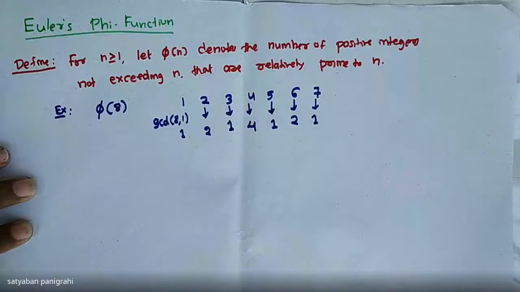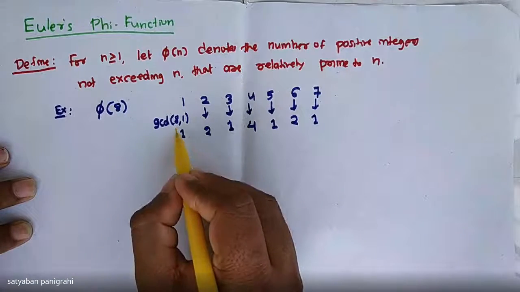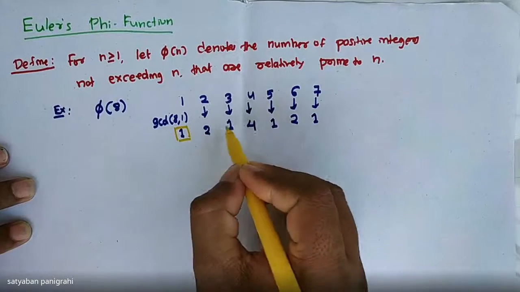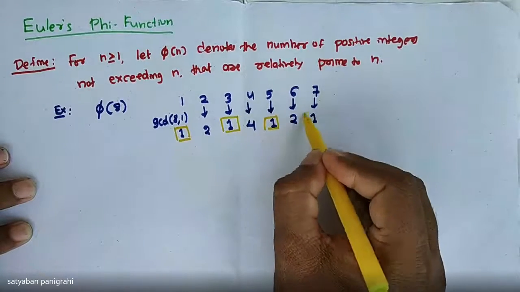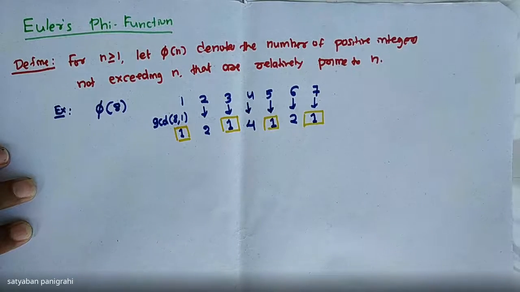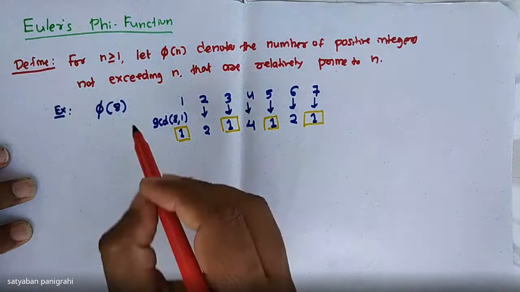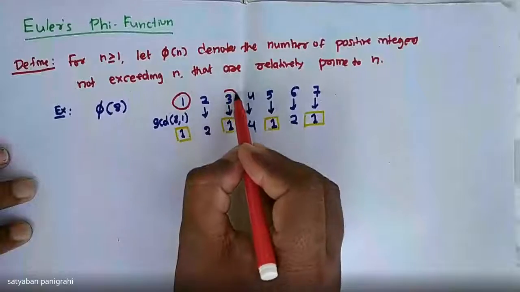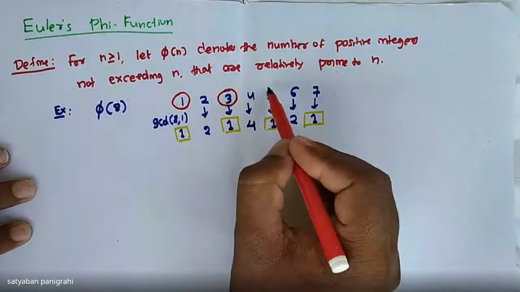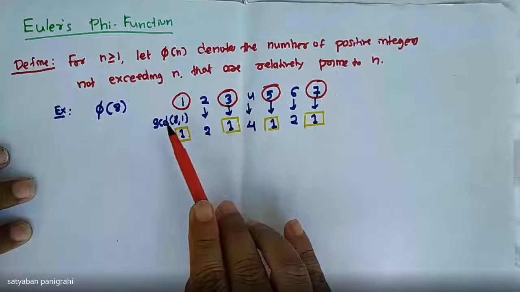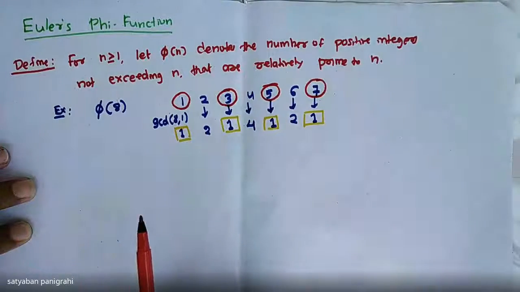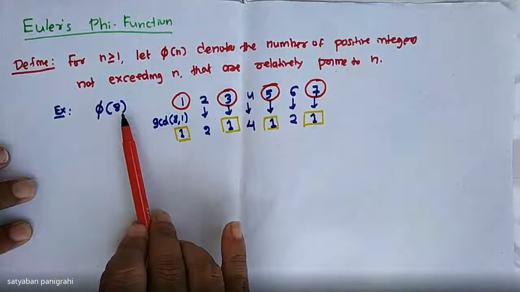Now, which numbers are relatively prime to n? The numbers which have GCD 1. That means the numbers 1, 3, 5, and 7. These numbers are relatively prime to 8 and less than 8.